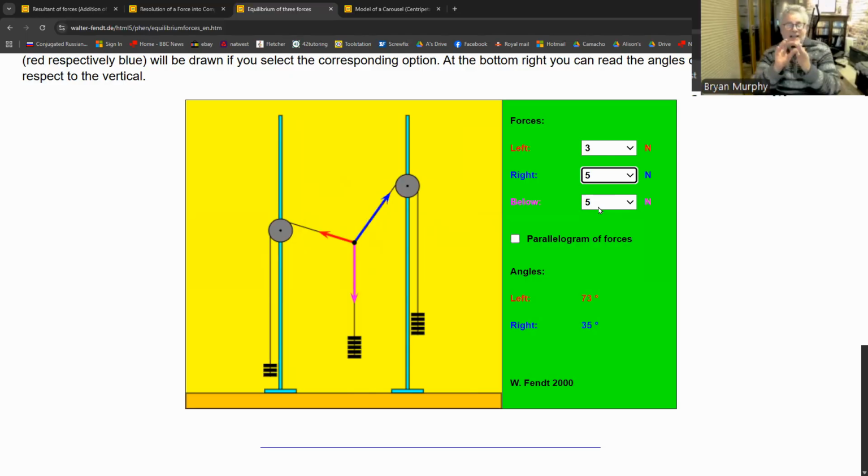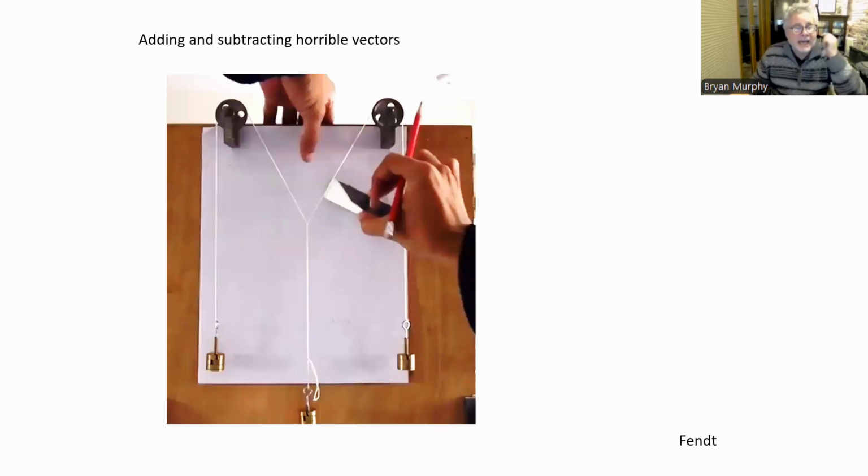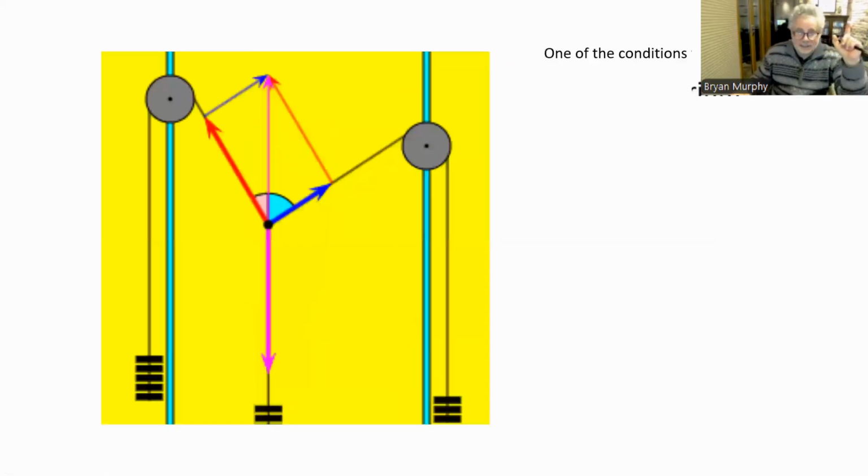Fiddle around with that. Have a look at how those forces are pointing to give you the triangle which satisfies the relationship. Okay? Right. Let's go back to my PowerPoint. We've looked at the parallelogram of forces up there, and we can see how drawing those forces enables us to find the resultant.